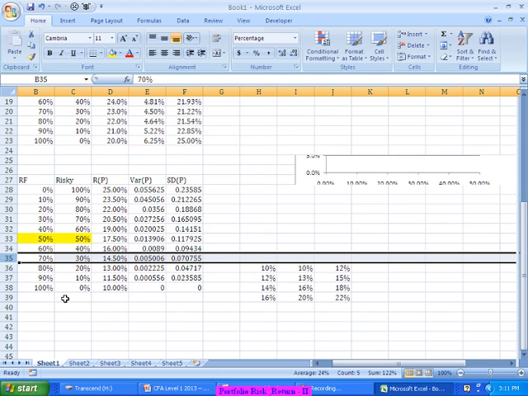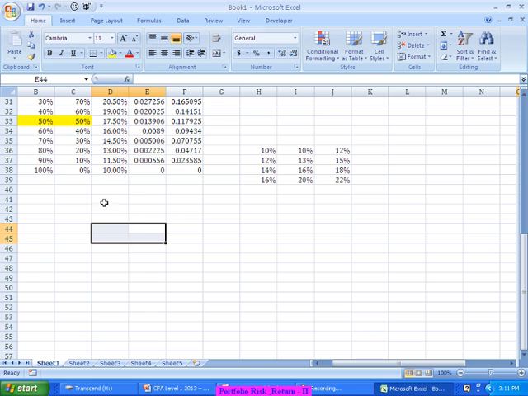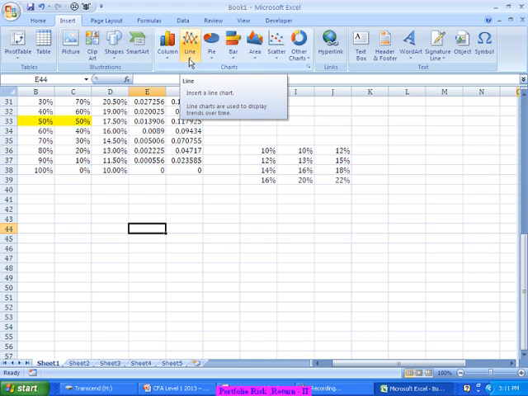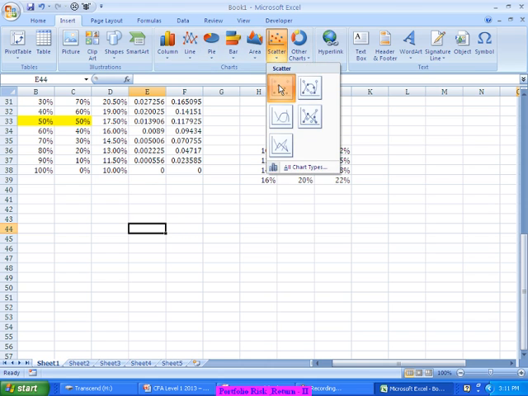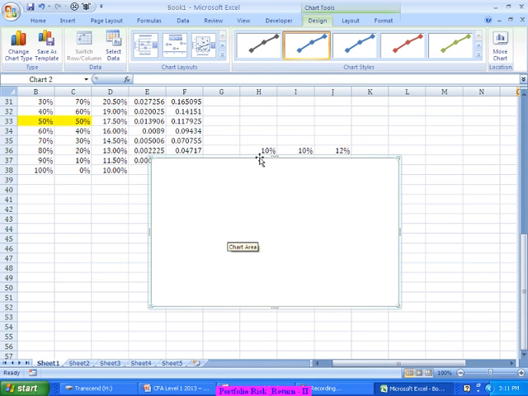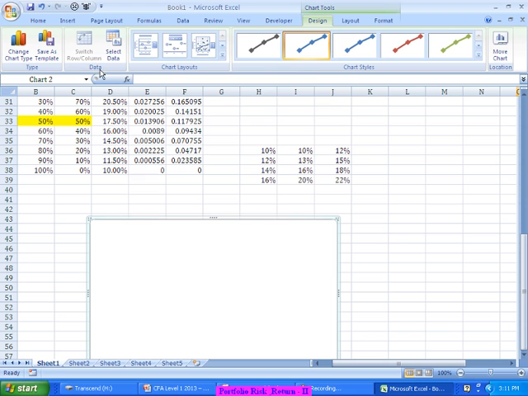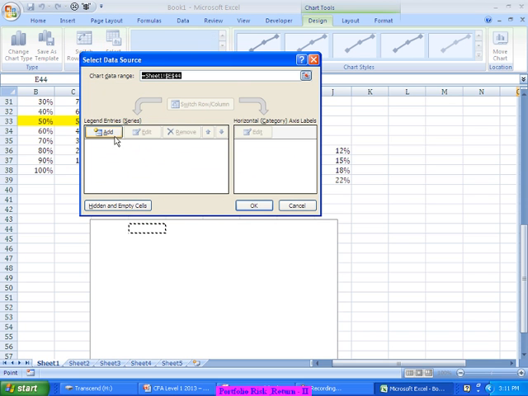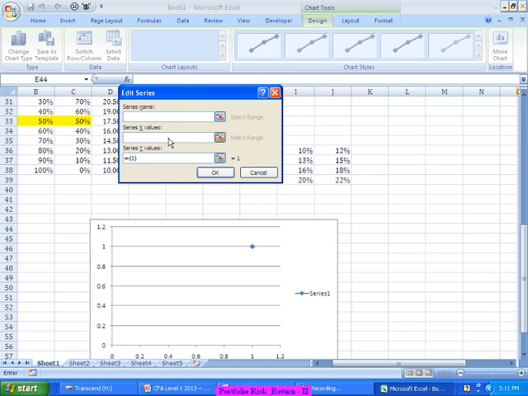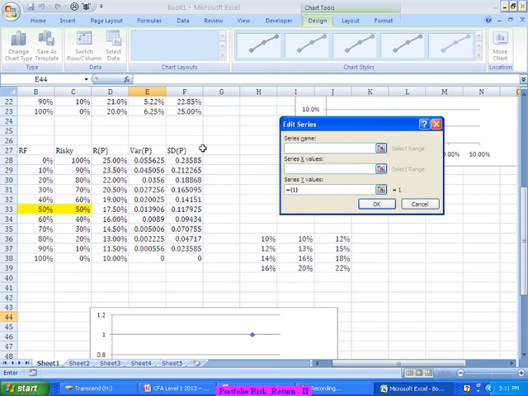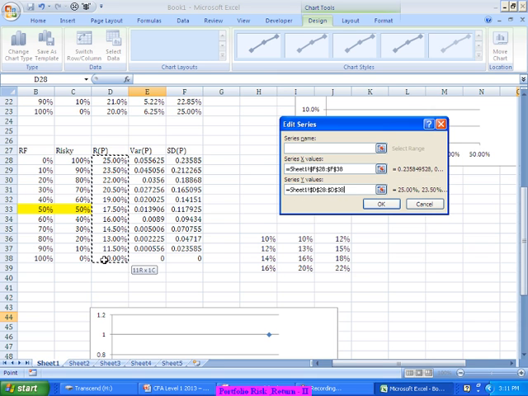Now, just let's try drawing this line. I'll try drawing this curve. So the standard deviation is taken on the x-axis and the returns are taken on the y-axis.